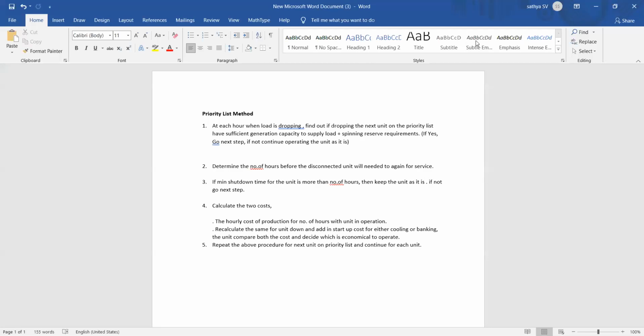Okay, if that is not like that, then we can move on to the next step as going for whether the economical cost is presenting or not, whether these hourly costs and whatever the cost is for shutdown and switching on, right, disconnection and connection, that cost again we are going to compare with both.